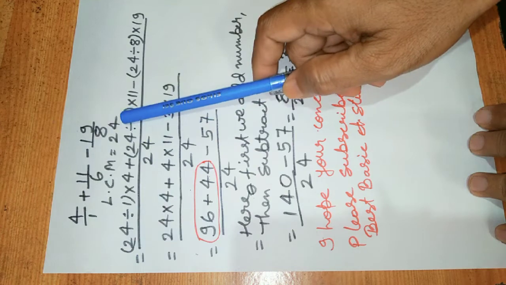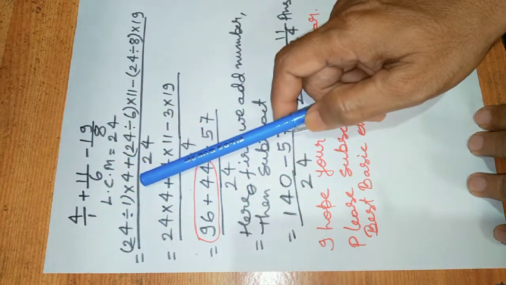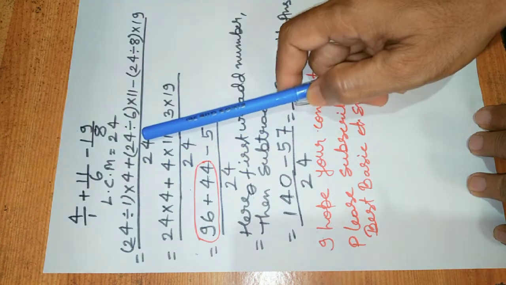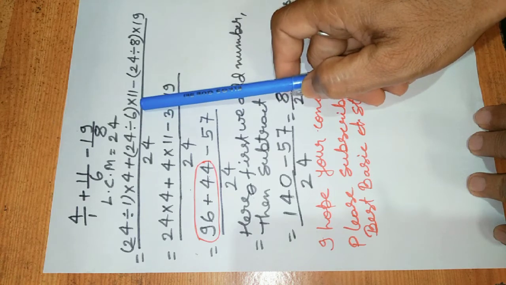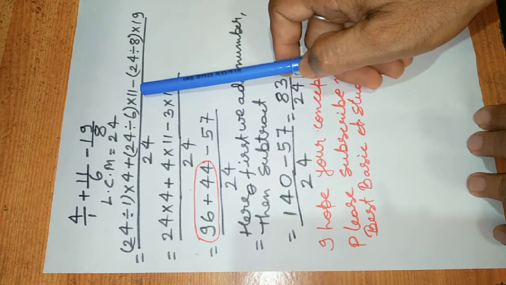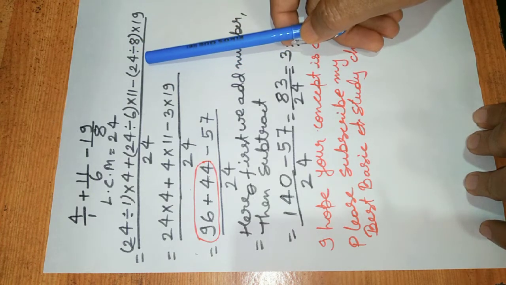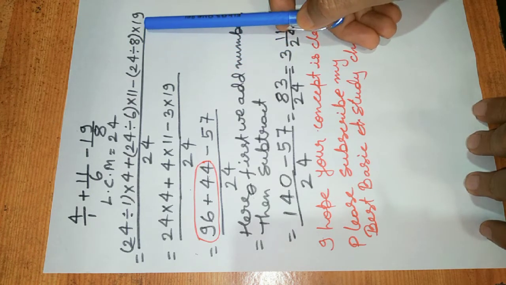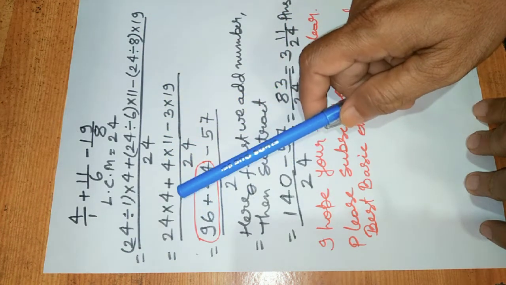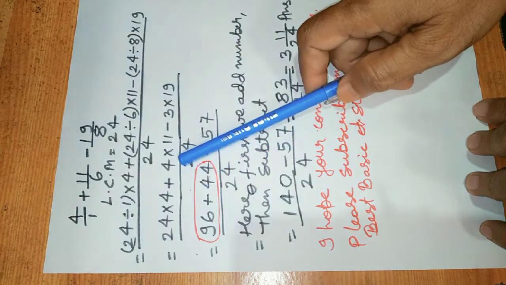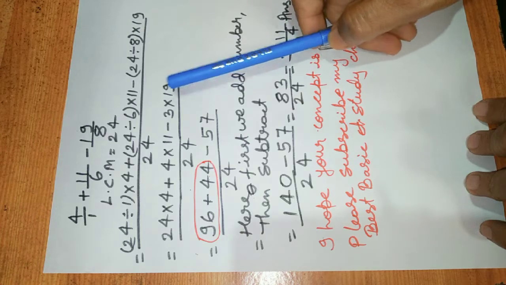LCM is equal to 24. 24 divided by the first denominator multiply numerator, plus 24 LCM divided by the second denominator multiply numerator, minus 24 divided by 8 multiply 19, by 24. 24 multiply 4, plus 4 multiply 11, minus 3 multiply 19.